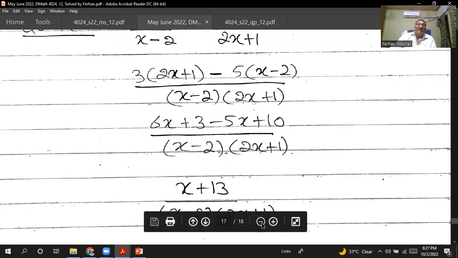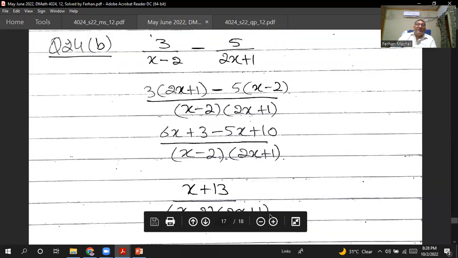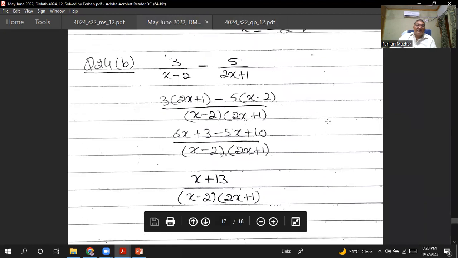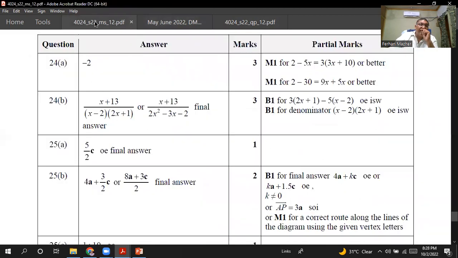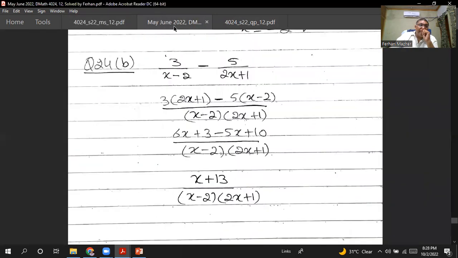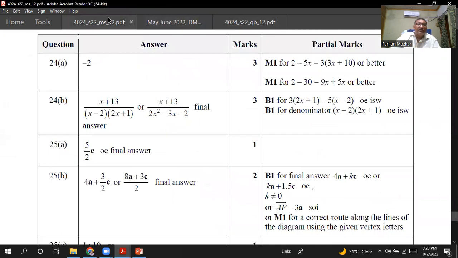Let me reduce the size so you can see the whole question together. The whole question 24b is showing on your screen. Let's check if our answer is right. Yes, x plus 13 divided by x minus 2 times 2x plus 1. So our answer is right.